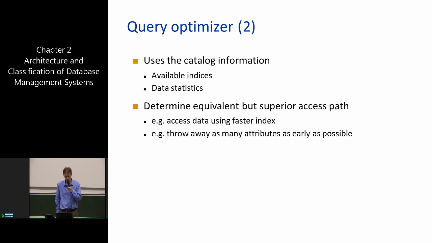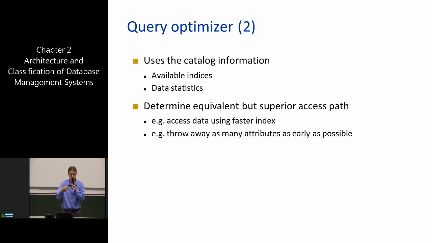It's also going to throw away as many attributes as early as possible. Imagine that you have a student concept with many attributes. You have student number, student name, gender, date of birth, email address, and so on. And it turns out that the query is only interested in student number and student name. Then the query optimizer will try to throw away all of the other information during query processing.